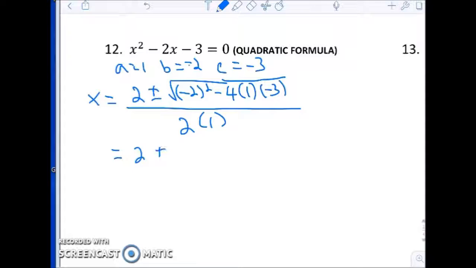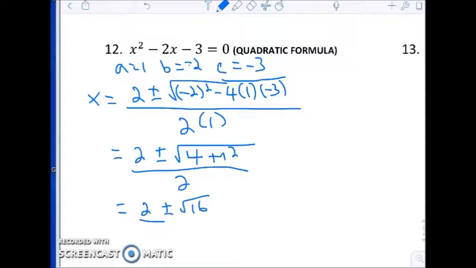So we get 2, plus or minus the square root of 4, -4 times 1 is -4, times -3 is positive 12, all over 2. This gives us 2, plus or minus the square root of 16, all over 2.